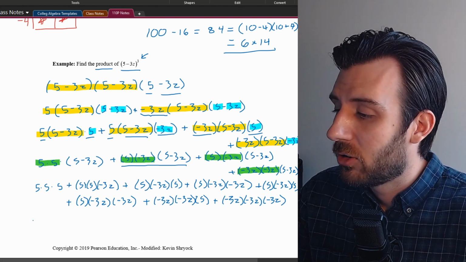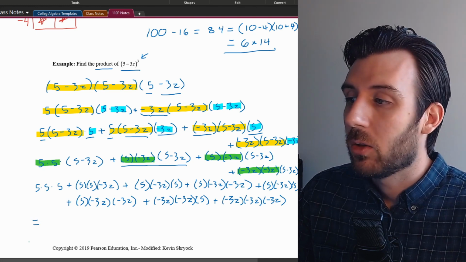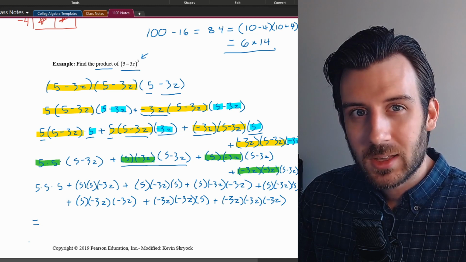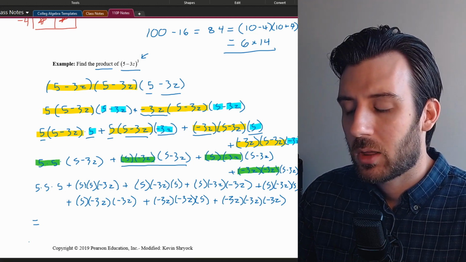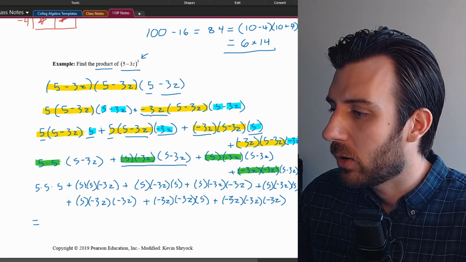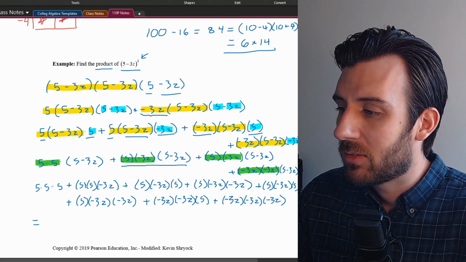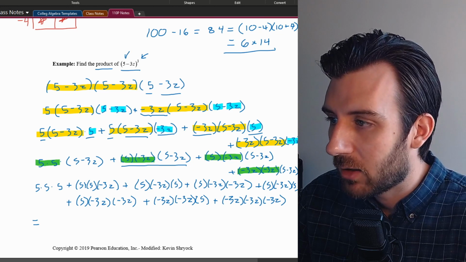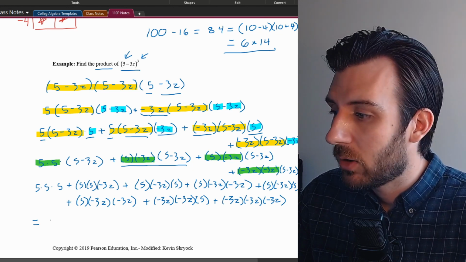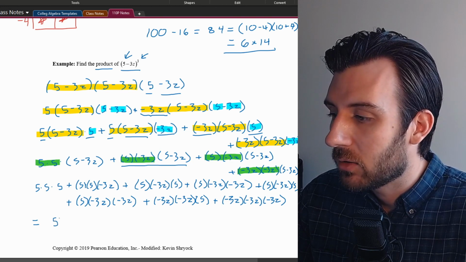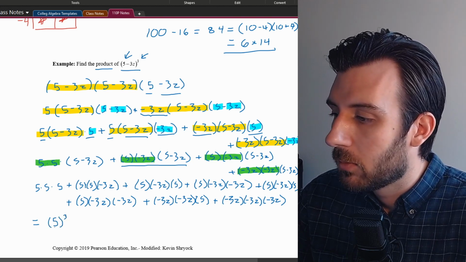I'm going to write this in a certain way, and it's going to help reveal that all of this work we did actually came about from a pretty predictable process. Notice that the very first number is 5 times 5 times 5. I have 3 of those because I had an exponent of 3. So I'm going to rewrite this as 5 cubed.